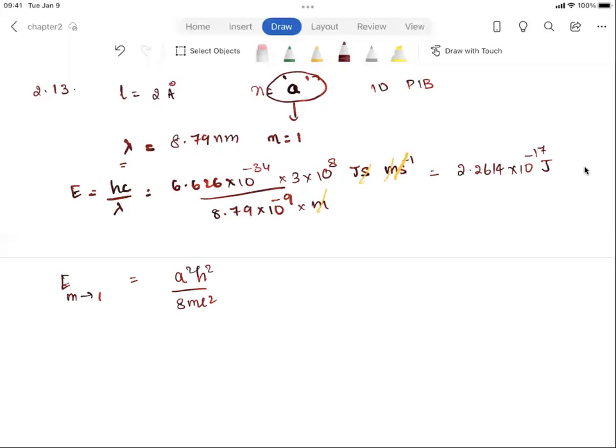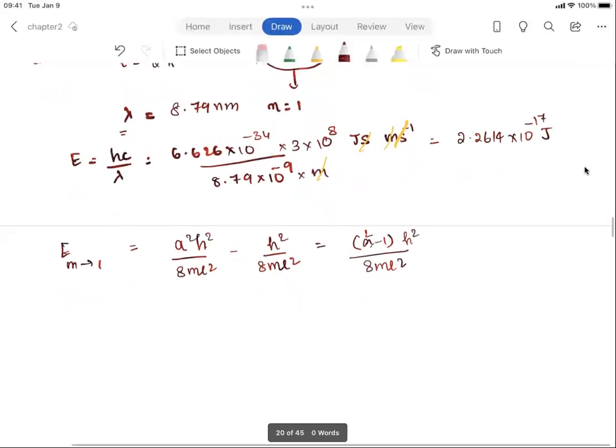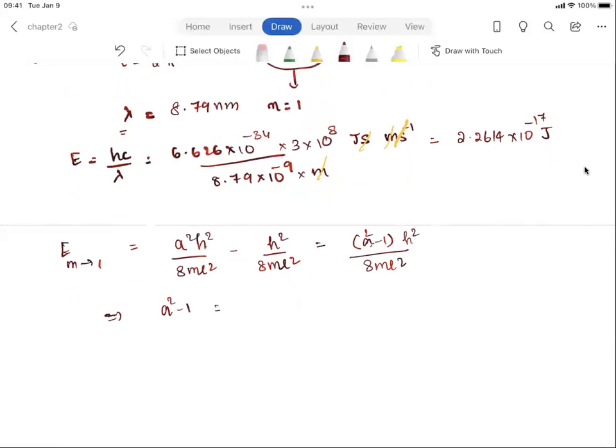It's hard to pick alphabets. So this is going to be A squared minus 1 times h squared over 8mL squared. So A squared minus 1 is going to be the energy times 8mL squared over h squared.